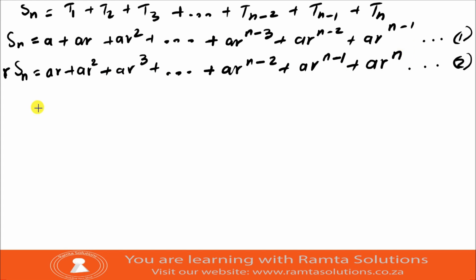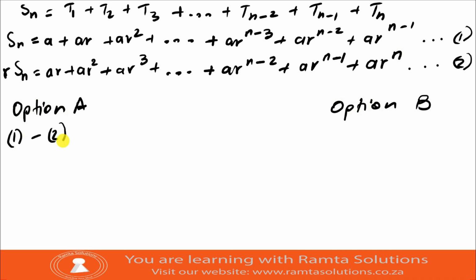I will complete it in two ways. We will have option A and option B. For option A, we say equation 1 minus equation 2. So we have Sn minus R Sn.